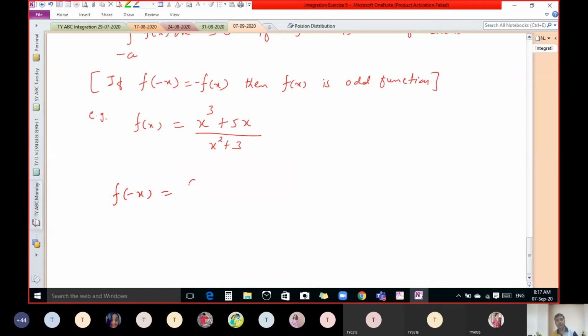So here we get minus x raised to 3 plus 5 into minus x upon minus x raised to 2 plus 3. So what we get? Minus x raised to 3 is minus x cube, and we get minus 5x. Minus x square is plus x square, and plus 3.